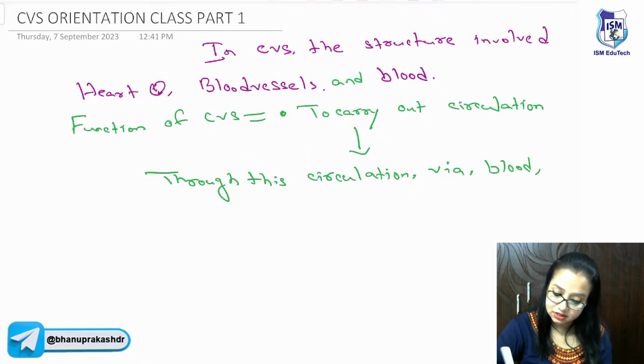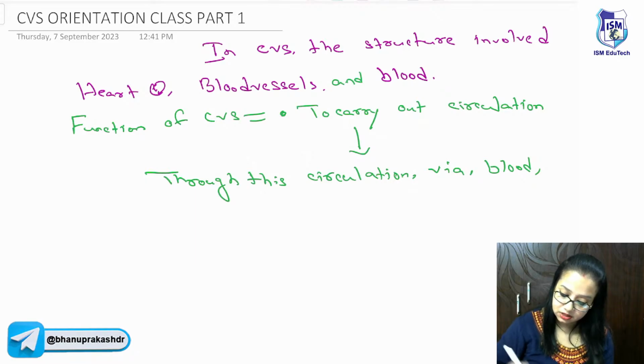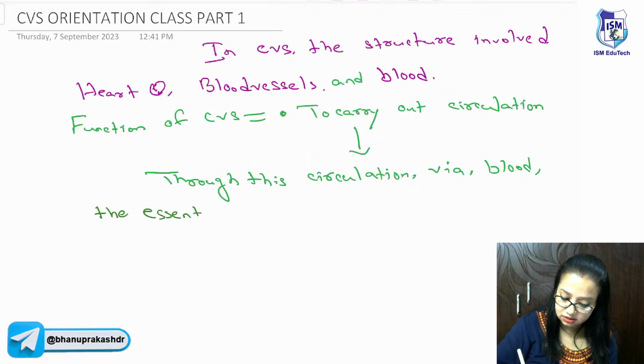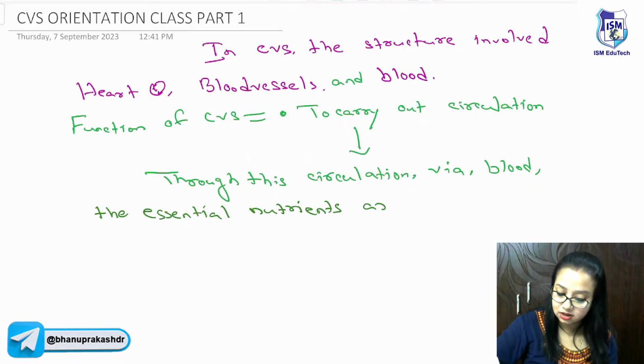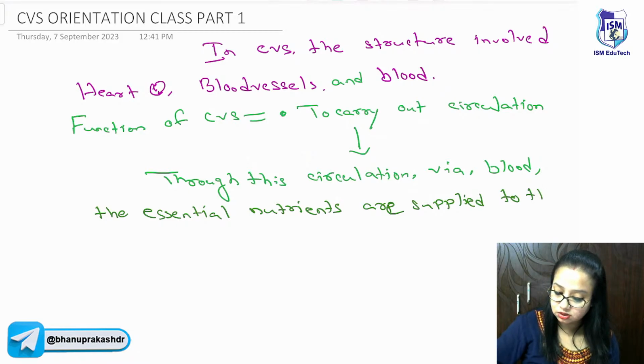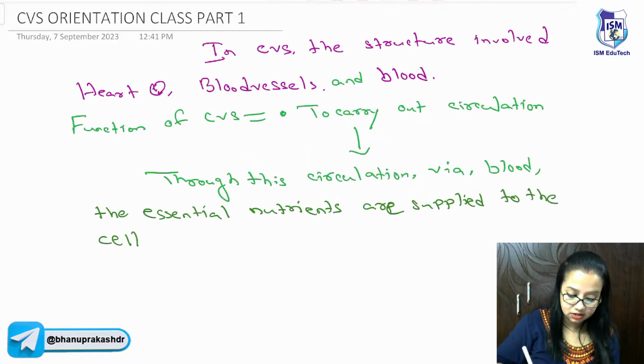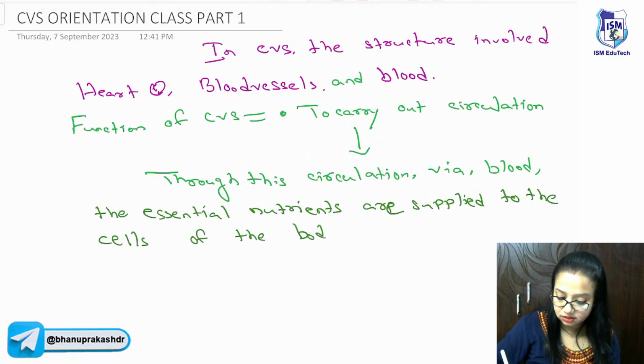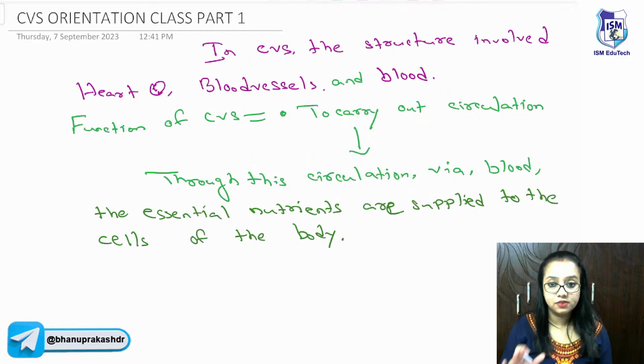Now, via this blood, what happens? The essential nutrients are supplied to the cells of the body. Okay, this is the main function of the cardiovascular system.